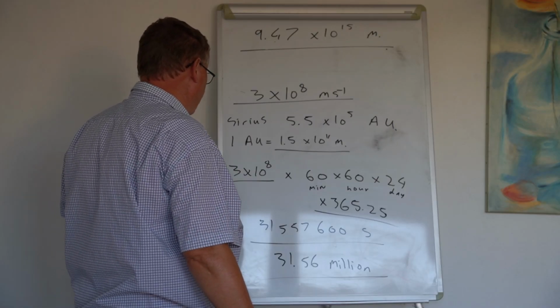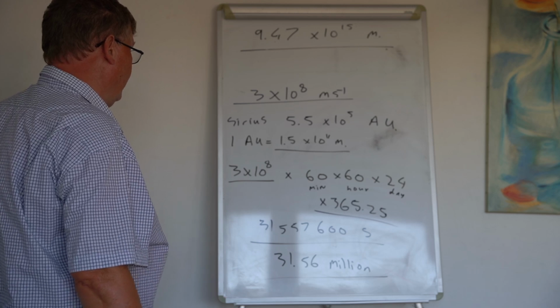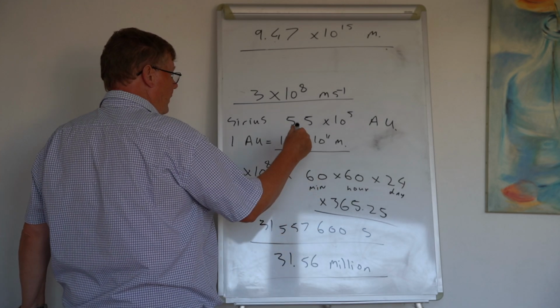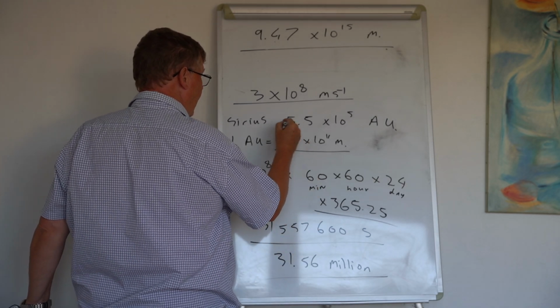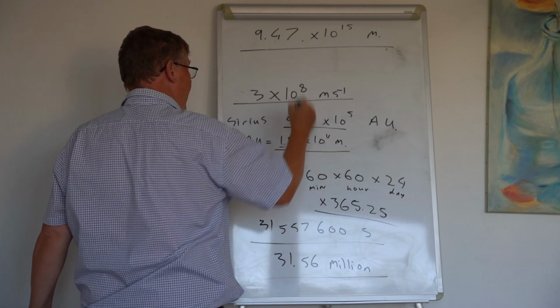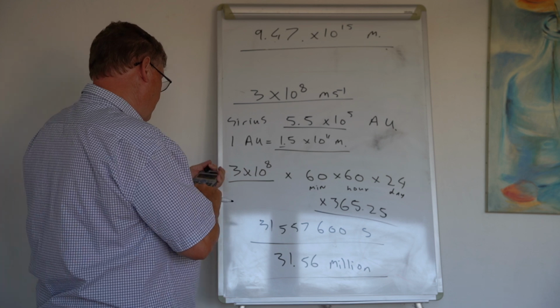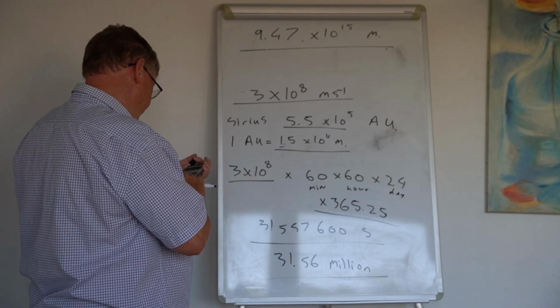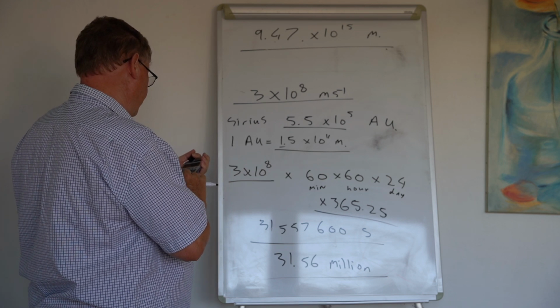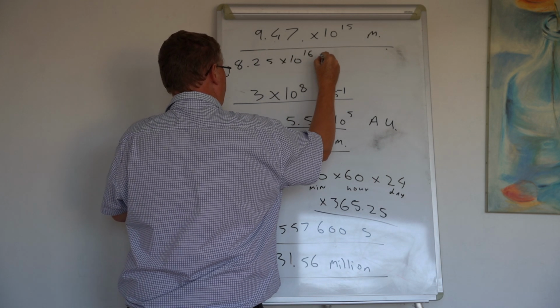Okay, so the question was, how far is Sirius in light years? We're going to multiply the distance to Sirius by what an AU is, and then divide it by that number. So 5.5 times 10 to the 5 multiplied by 1.5 times 10 to the 11 equals 8.25 times 10 to the 16 meters.